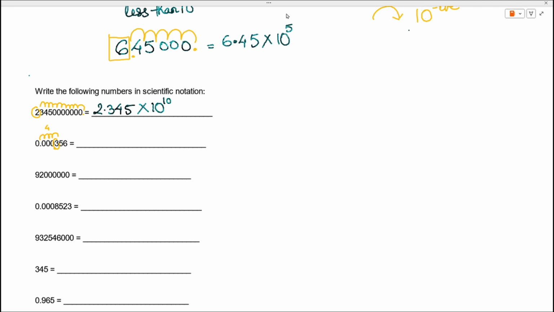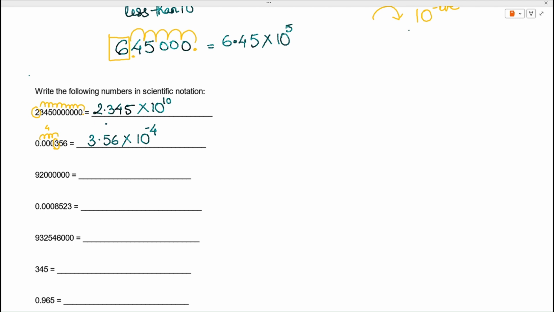So our number in scientific notation would be 3.56 multiplied by 10 raised to the power of negative 4, just because we moved the decimal 4 places to the right.